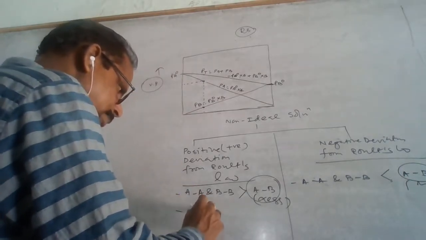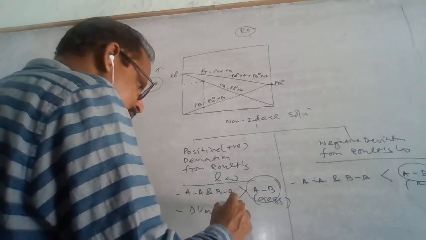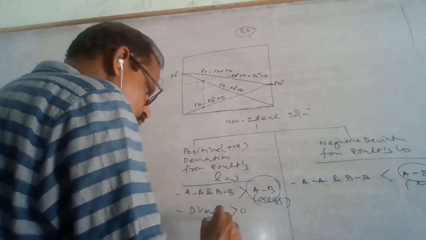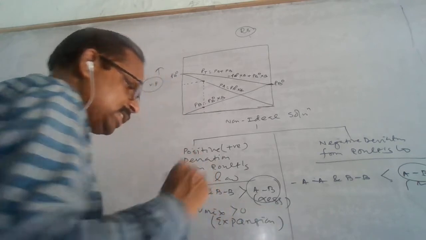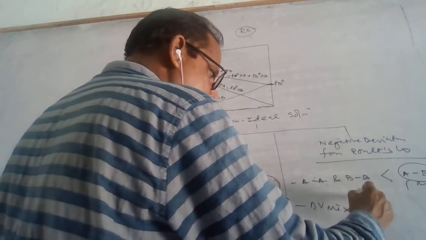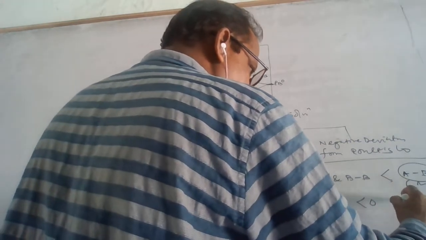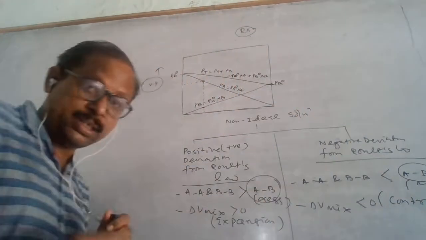So here the delta V mixing is greater than 0, because the forces weaken, expansion takes place. But here the delta V mixing is less than 0, which means it will give contraction on mixing. The volume will contract.